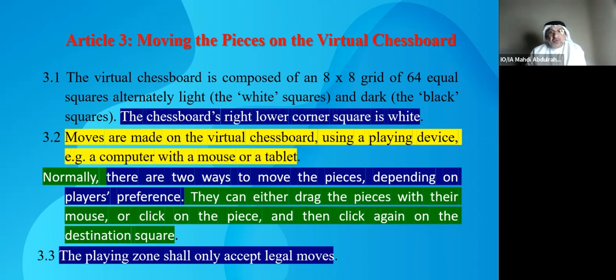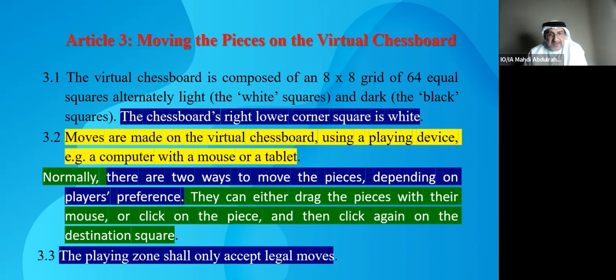Normally, there are 2 ways to move the pieces, depending on the player's preference. They can either drag the piece with their mouse or click on the piece and then click again on the destination square. The playing zone shall only accept legal moves. So in this case, we don't have illegal moves.